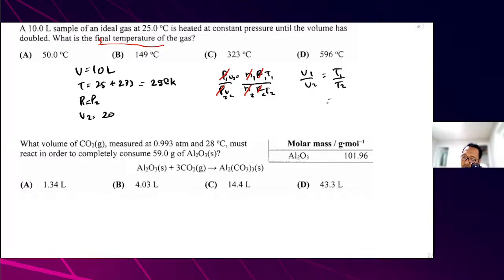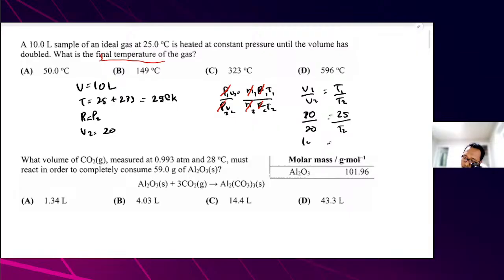Now just plug in one by one. V1 is 10, V2 is 20, T1 is 25. How about the T2? So just 10 T2 and then 25 times 20, so it will be 10 T2 and then 500. T2 will be 50.